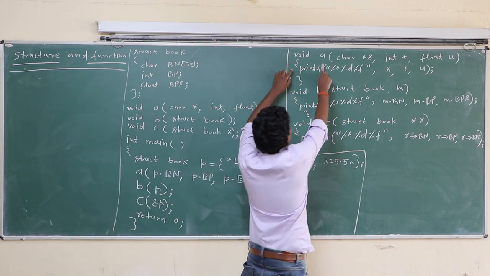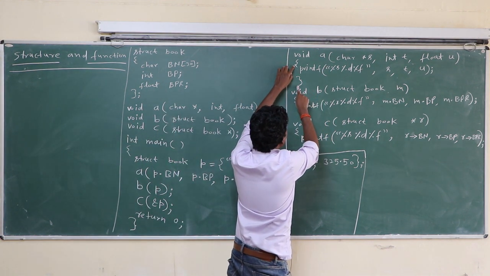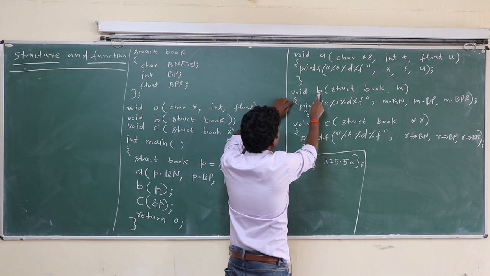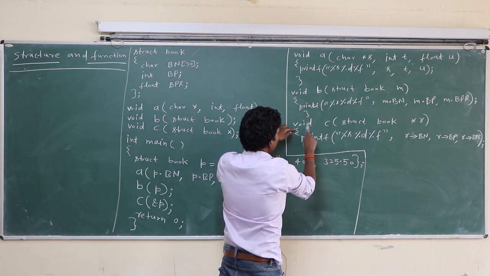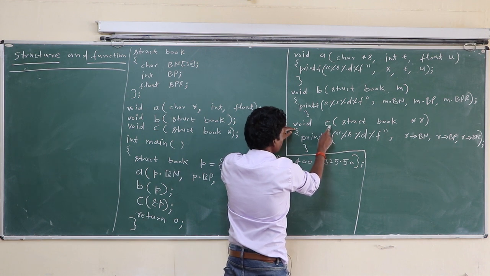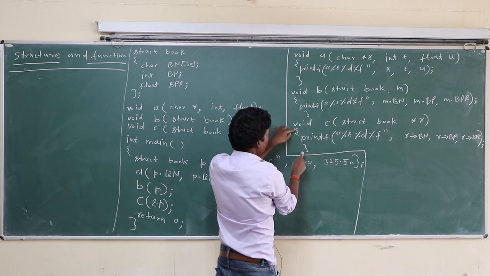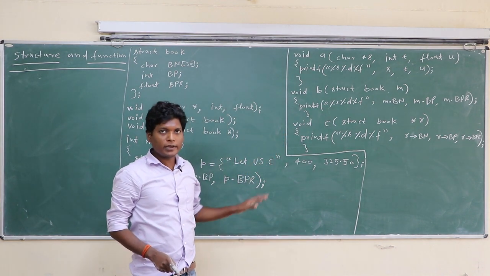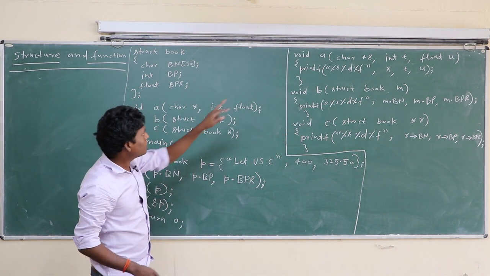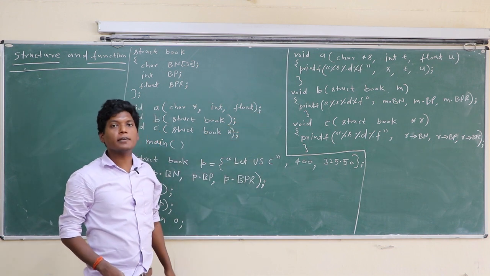Second one is function a, third one is function b, and fourth one is function c, from here to here. So there are total 4 user defined functions: main, function a, function b, function c.